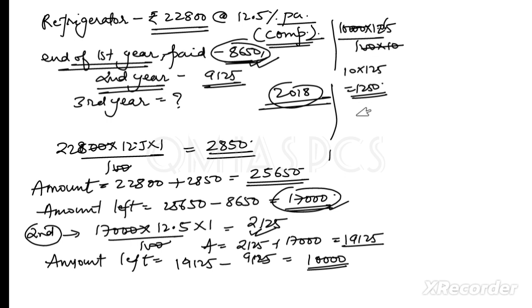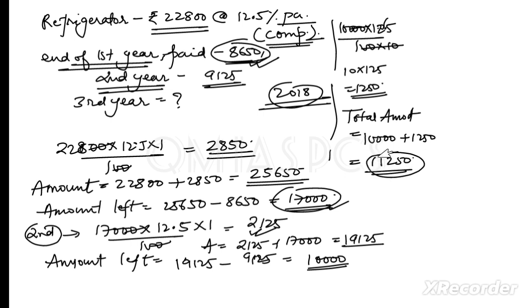So the total amount is 10,000 plus 1,250, that means 11,250. So this much amount that person has to pay at the end of the third year.